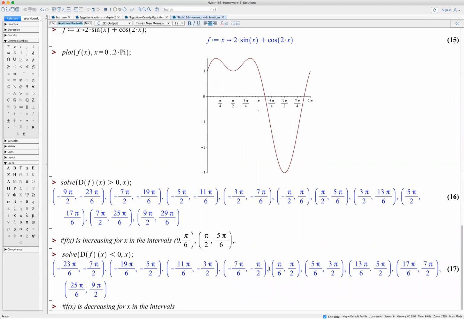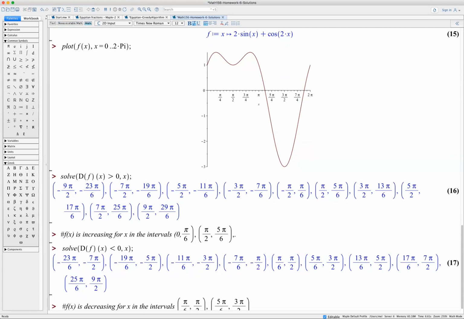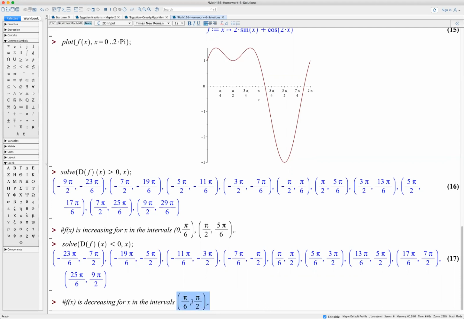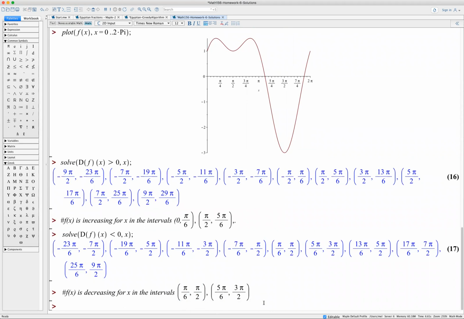So this is these two. Yeah. And again, there are 2 intervals where the function is decreasing, here and here.